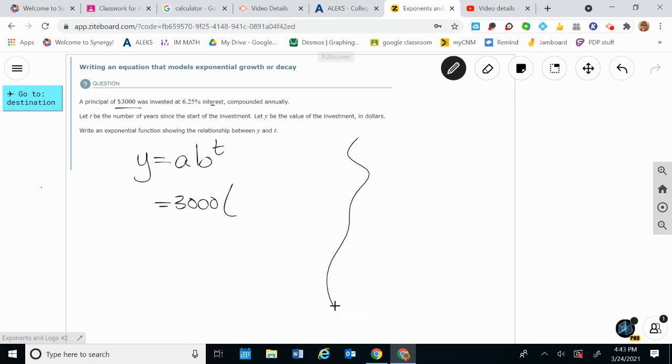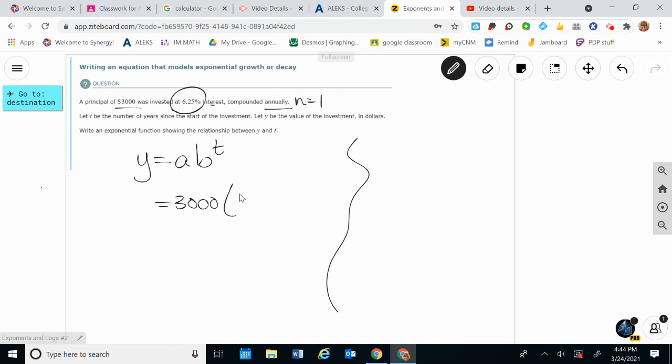Okay, I'm going to try to do it with the exponential form, and then I'm going to do it with the A form. Okay, compounded annually. So n is equal to 1, which means in this case, it's totally fine to let t be years because it's every year. And the interest rate is going to increase at 6.25.